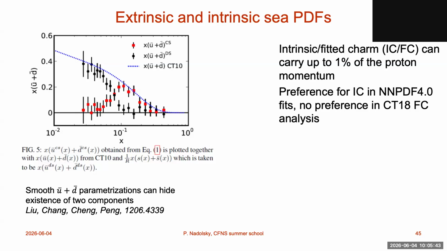But then what you will see is that these evolution effects more or less cancel to a good degree in this ratio, right? But it is true that d̄ over ū will have a different value at different scales, right? So therefore, if you compare this shape at 2 GeV versus 100 GeV, it does not change much. It changed a little bit, but yeah. So you must specify the scale where you discuss it.